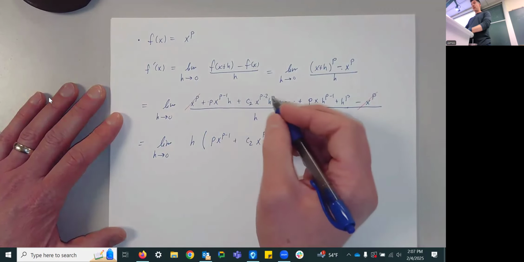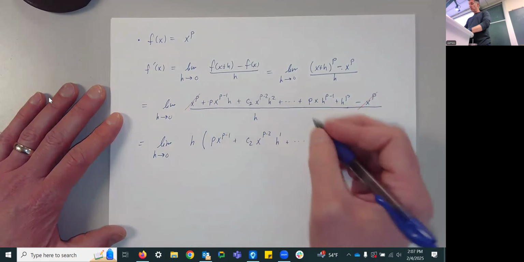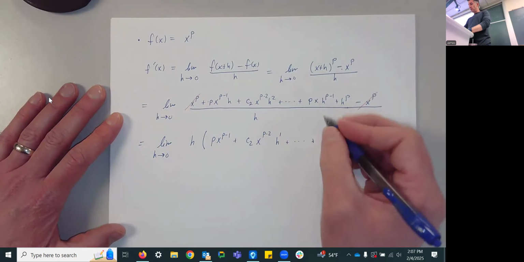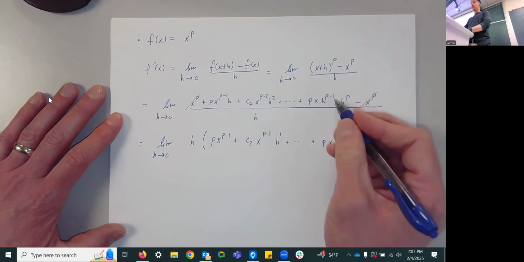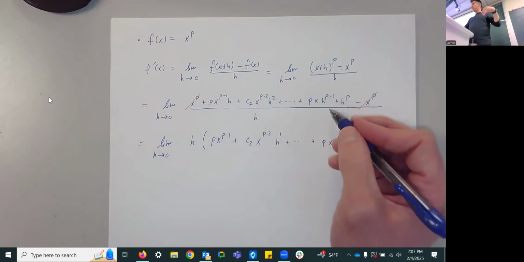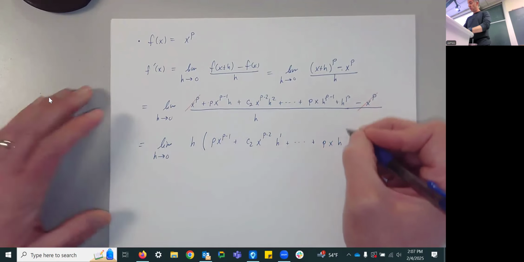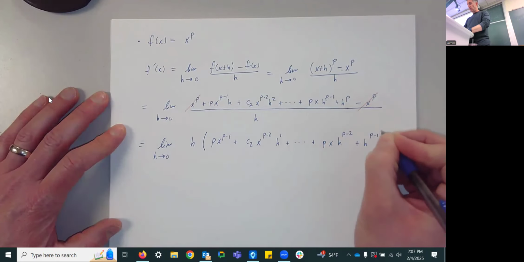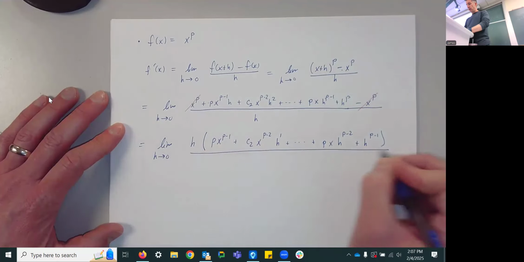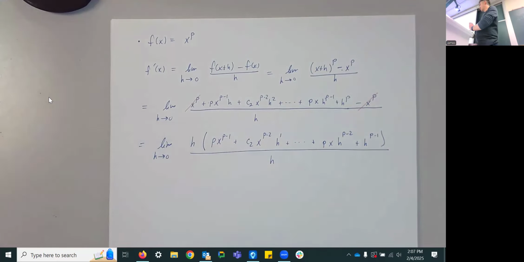Because the powers of h just keep getting bigger and bigger and bigger. And finally, the last couple terms, p times x times h to the p minus 2, because I'm pulling one of them out, and p minus 1 is p minus 2. And finally, h to the p minus 1, all divided by h. Questions about that?